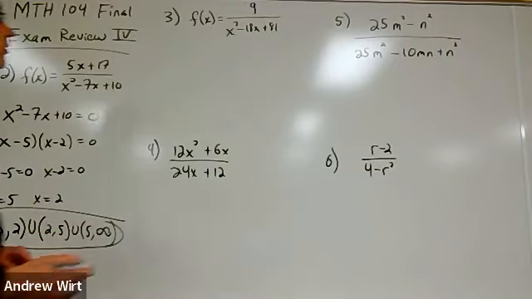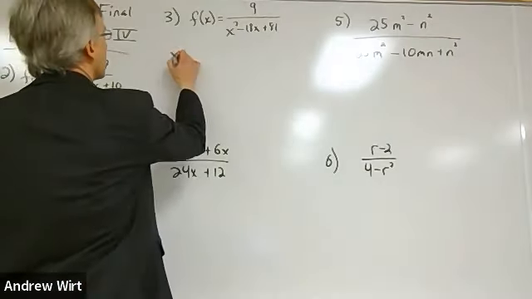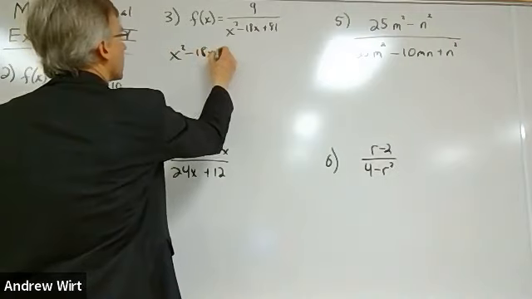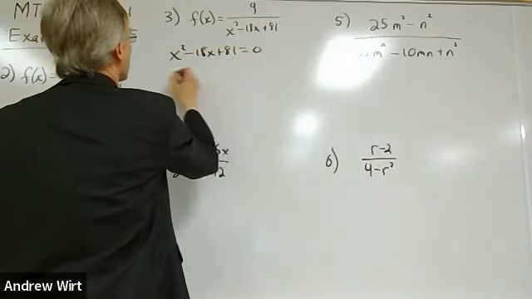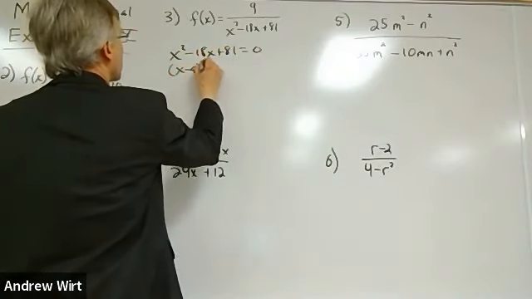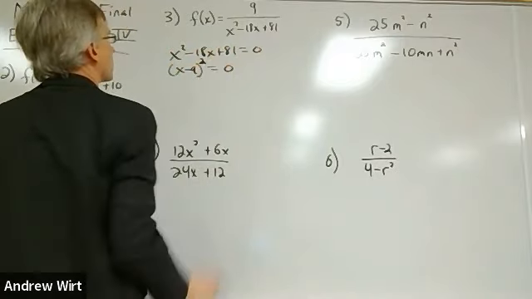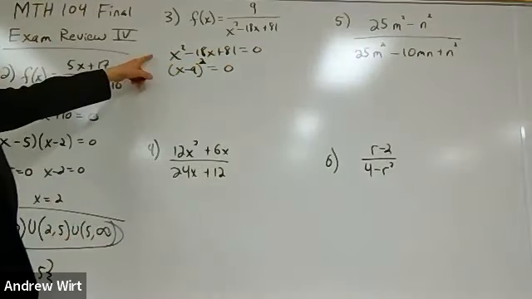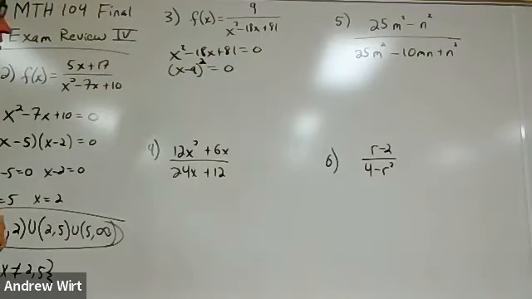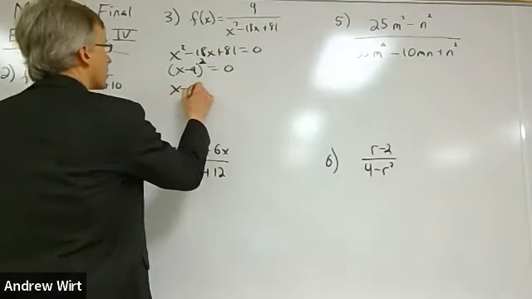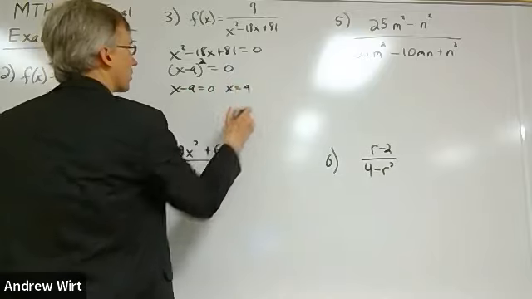So same deal for number 3. We got a perfect square trinomial, factors into x minus 9 squared. And we get x equals 9.